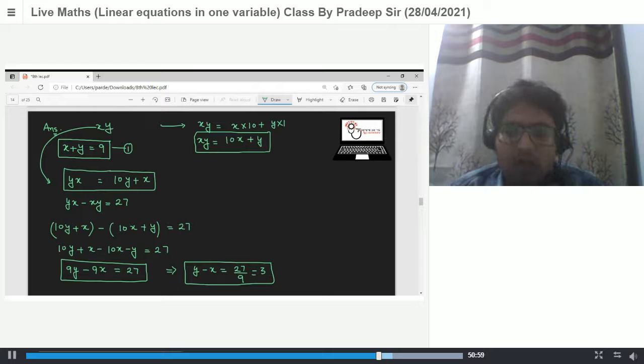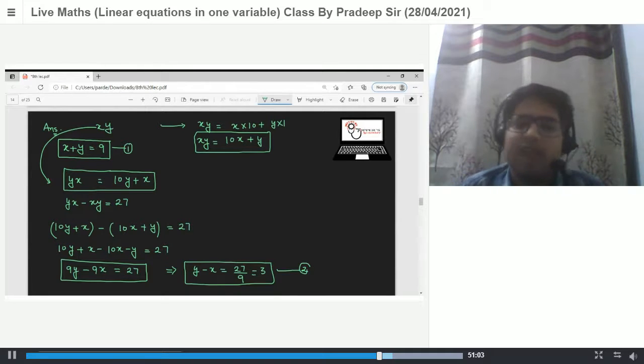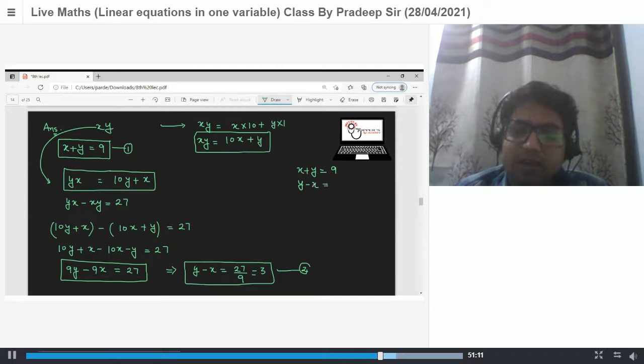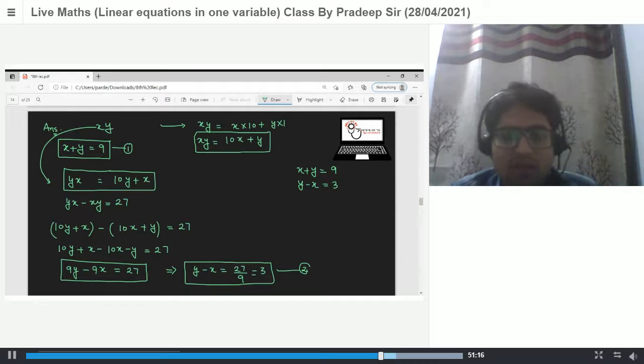So let's say this is my equation number 2. Now we have x plus y is equal to 9 and y minus x is equal to 3. Now we have two equations. From here we can say y is 3 plus x.